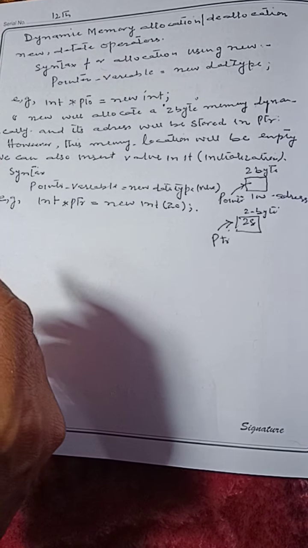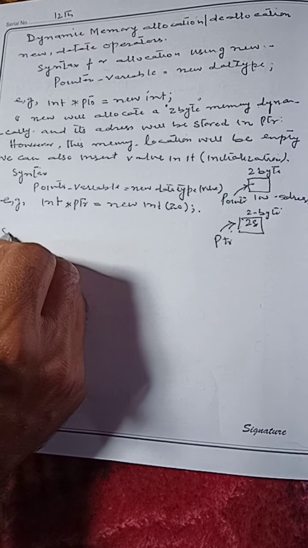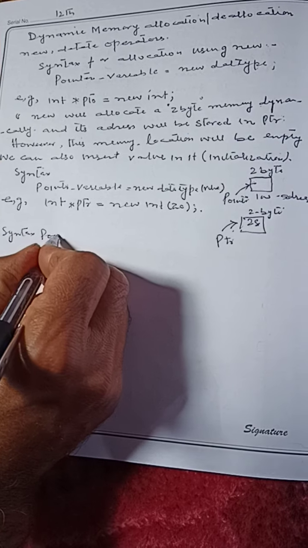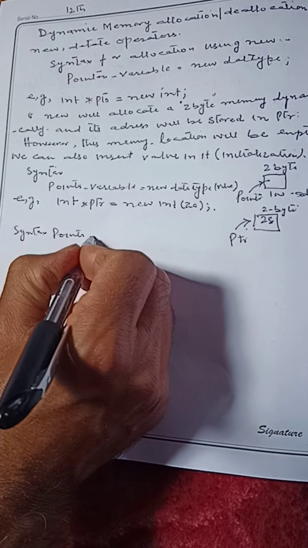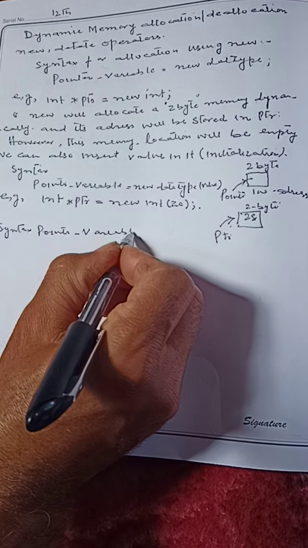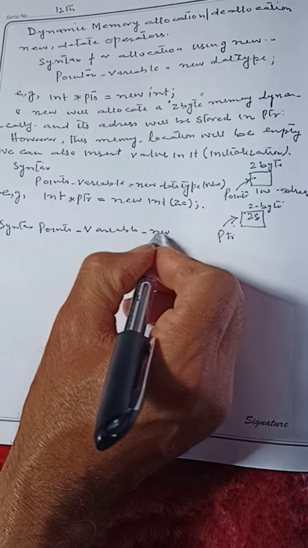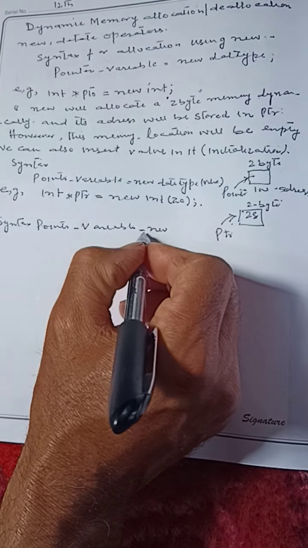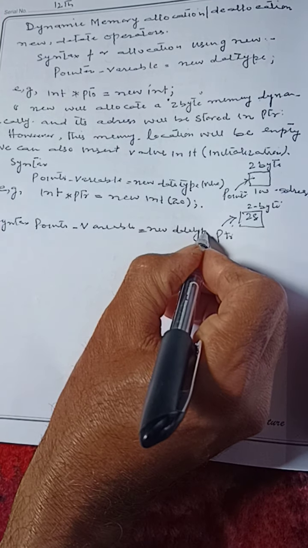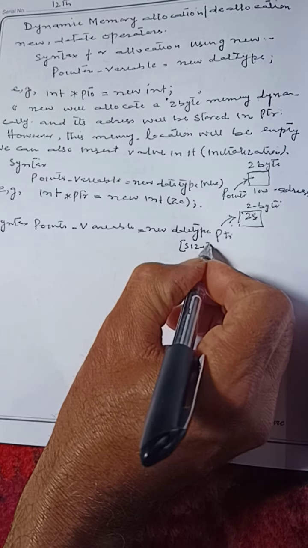We can also allocate memory for an array using new operators. For that, syntax is pointer variable is equal to new data type, here we write size.